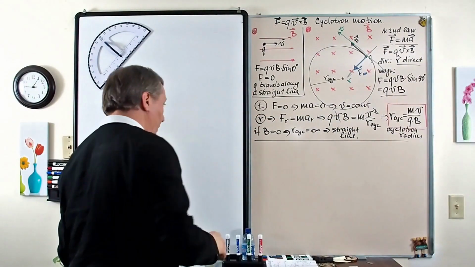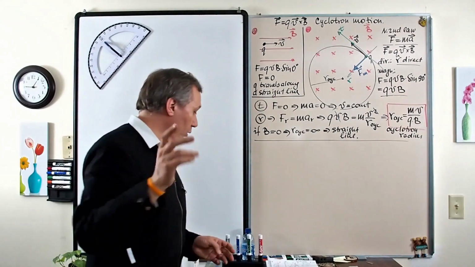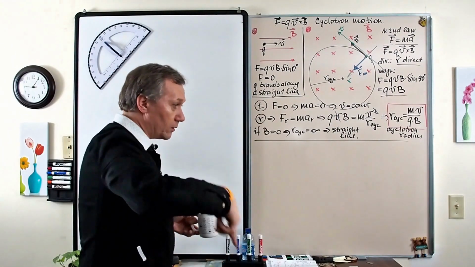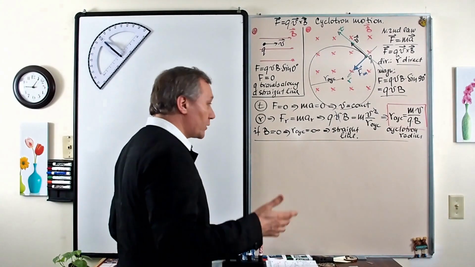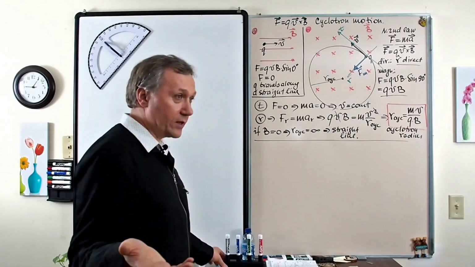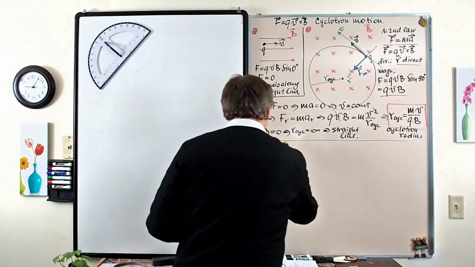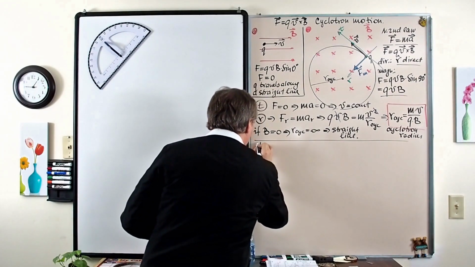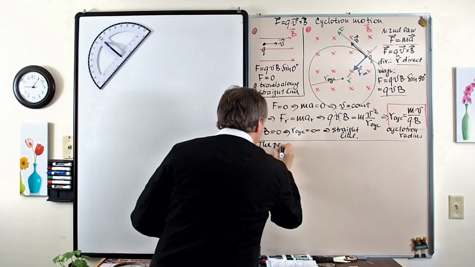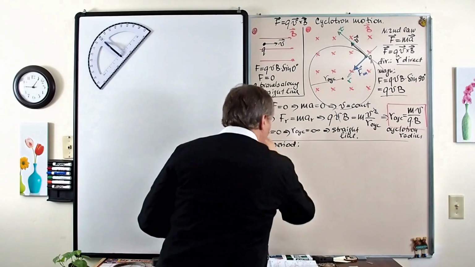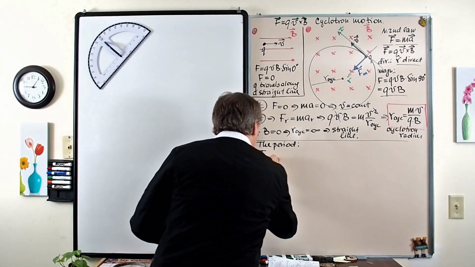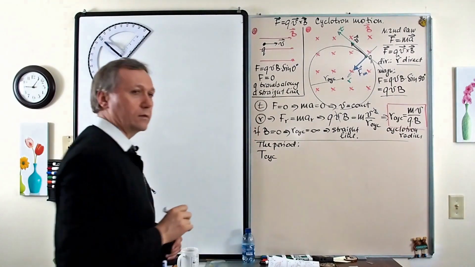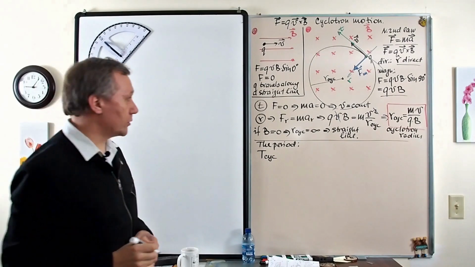So as a result, the period, which is the travel time to complete one circle, is 2 pi r, which is the circumference, divided by the speed. So let's find the period. I can write T, and again I will add the subscript cyclotron.